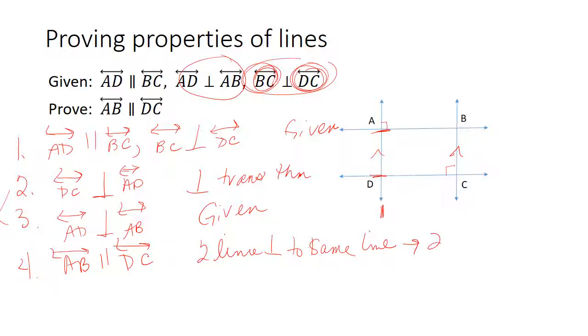Then the two lines are parallel. So because AD is perpendicular to AB and AD is perpendicular to DC, then we can say that AB and DC are parallel because two lines that are perpendicular to the same line are parallel lines.